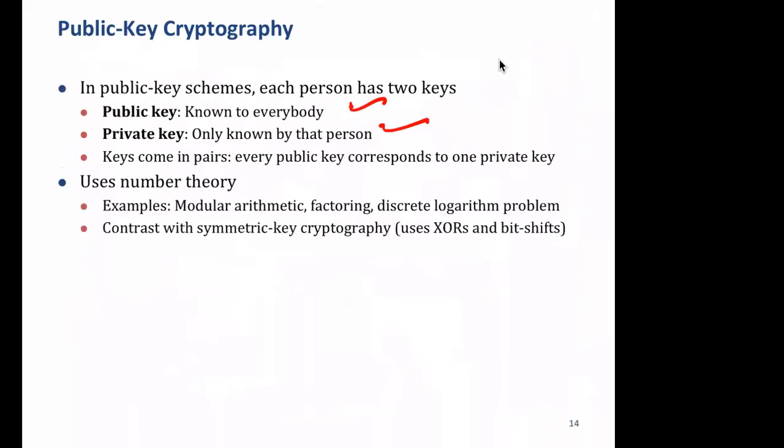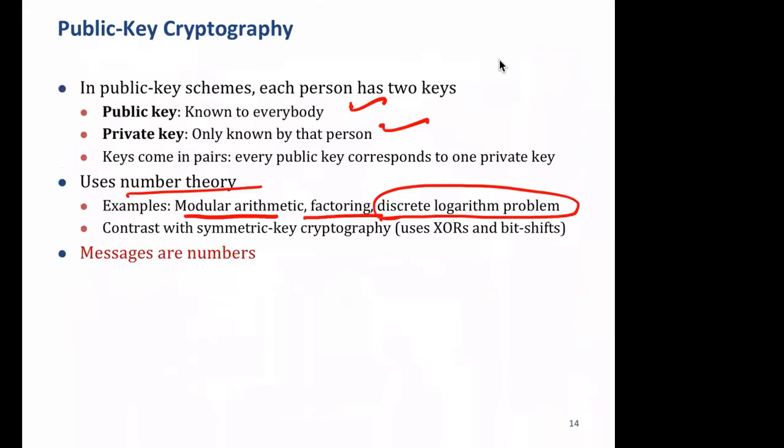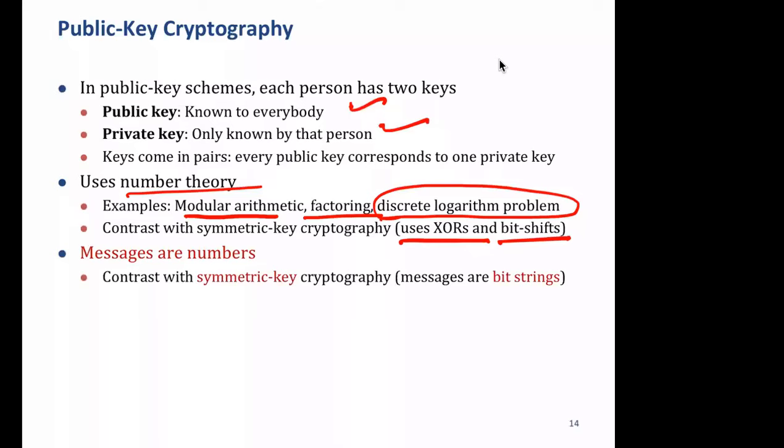Okay, and then of course it's based on number theory, and we have already seen the discrete logarithmic problem, but other examples are modular arithmetic and factoring. In contrast to symmetric key encryption, wherein we use XORs and bit shifts. Okay, if you look at the design of AES or DES, you'll see XORs, exclusive ORs are used, and bit shifts are used. And note here, the messages are only numbers.